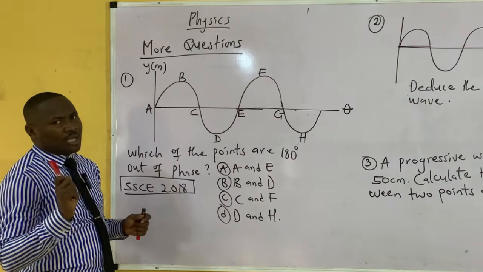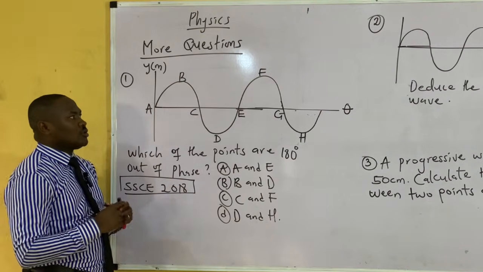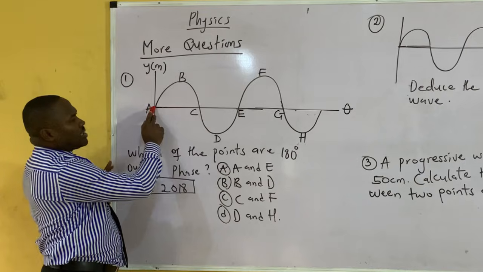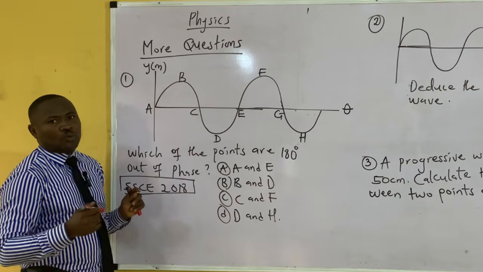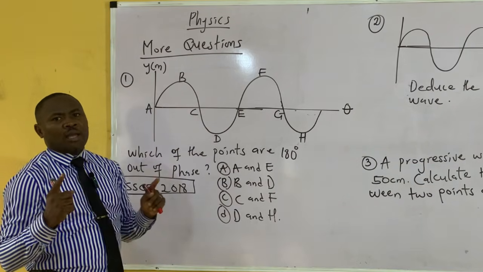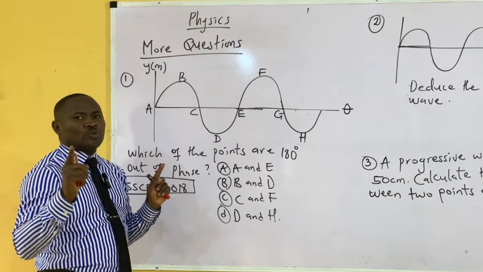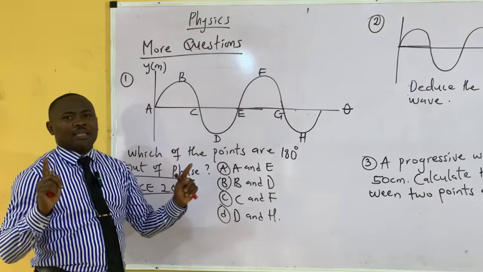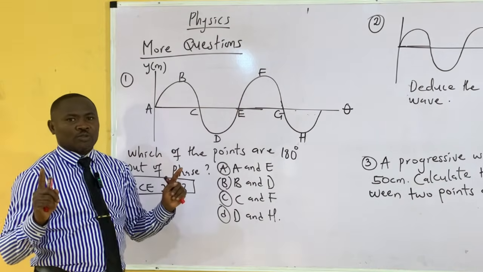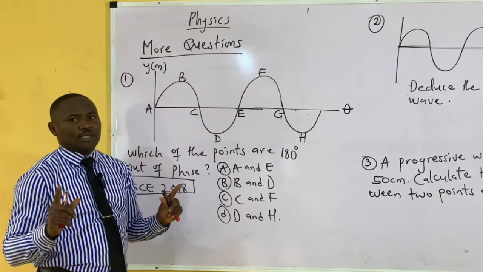Remember, we said in our early videos, you can go check those videos, that a particle is said to be in phase with another particle when they are occupying similar positions and they are heading towards a similar direction. And the angle between two such particles is always 360 degrees.